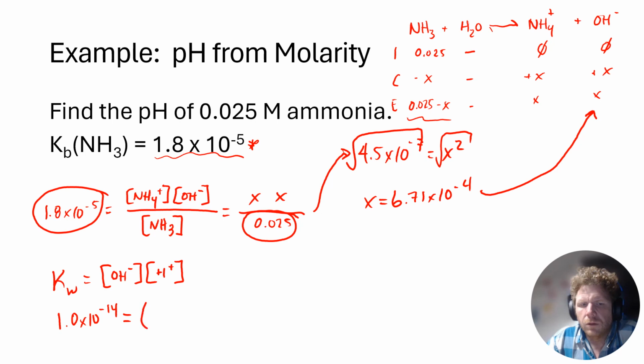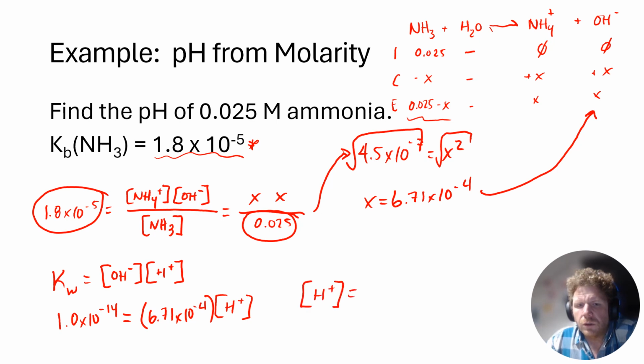That equals 6.71 times 10 to the negative fourth times H plus, which is what I'm solving for. I can rearrange this: my hydrogen ion concentration is 1.0 times 10 to the negative 14th divided by 6.71 times 10 to the negative 4th.